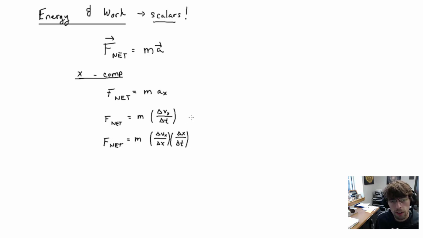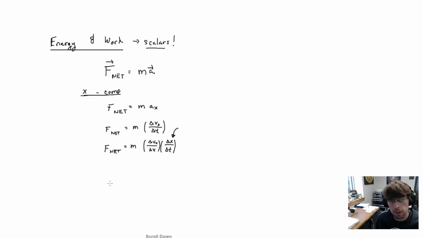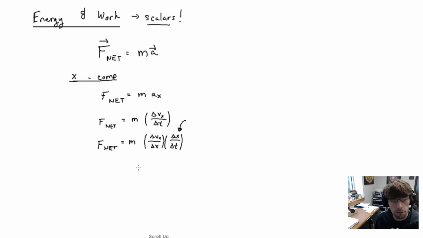And of course now we'll say, hey, wait a minute, I know what this is. This piece right here, delta x over delta t, that's defined as v average, my average speed. So I can rewrite this as F net equals m, mass, times my change in speed over change in position, times my v average in the x direction.